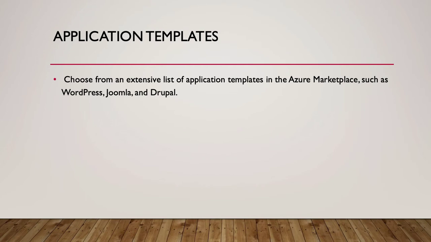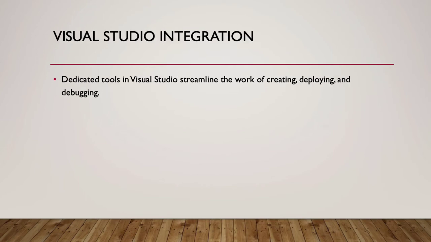Application templates. You can choose from an extensive list of application templates in the Azure Marketplace, such as WordPress, Joomla, and Drupal. And right now, these are flying so high based on the resources that we have recently seen in the market trend.